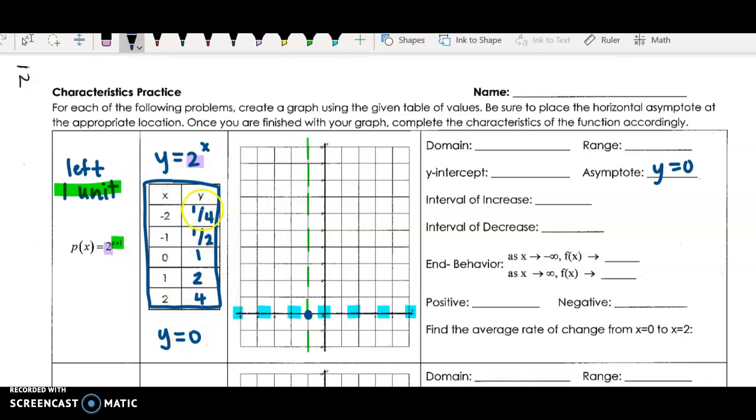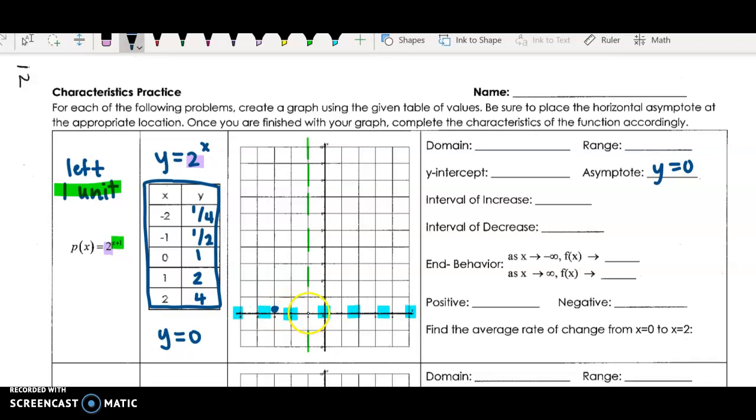Now these are not the actual ordered pairs of the graph, this is just the pattern that's created by the parent function y equals 2 to the x. So I'm going to get rid of this point so that we're not confused about the fact that that's not actually on our graph, and I'm going to start plotting my function. So from this point, I'm going to count to the left 2 and up 1/4 of a square.